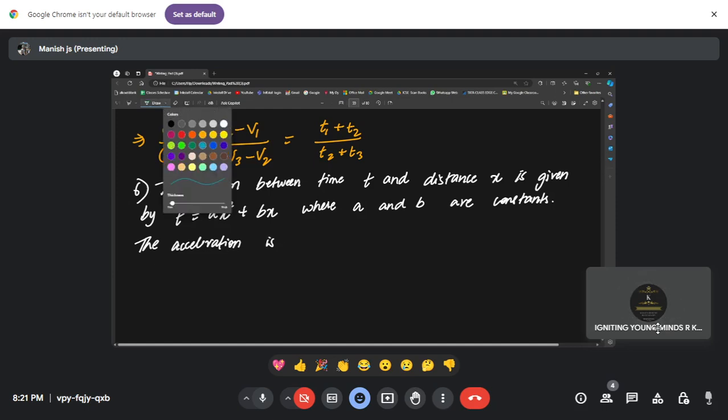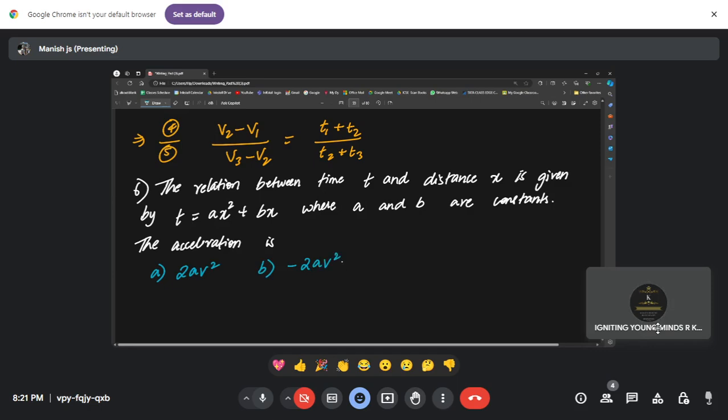I'm giving you the options, children. First one, 2ab squared. Option B, minus 2ab squared, I mean 2ab cubed, children. Sorry about it. It's minus 2ab cubed. Option C, 2bv cubed.